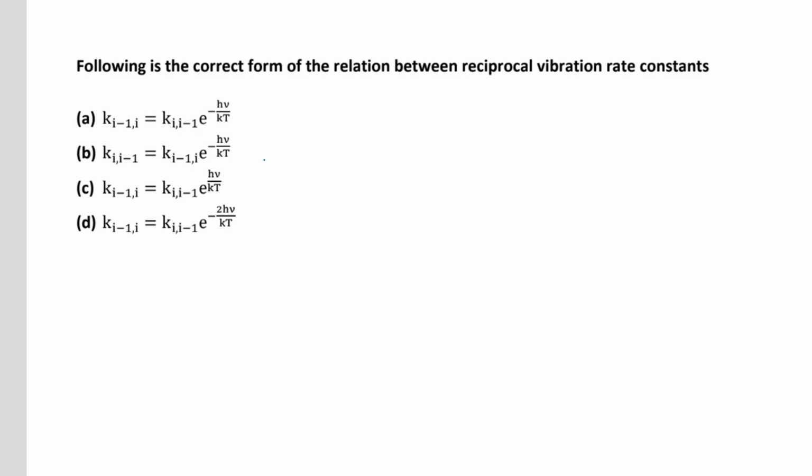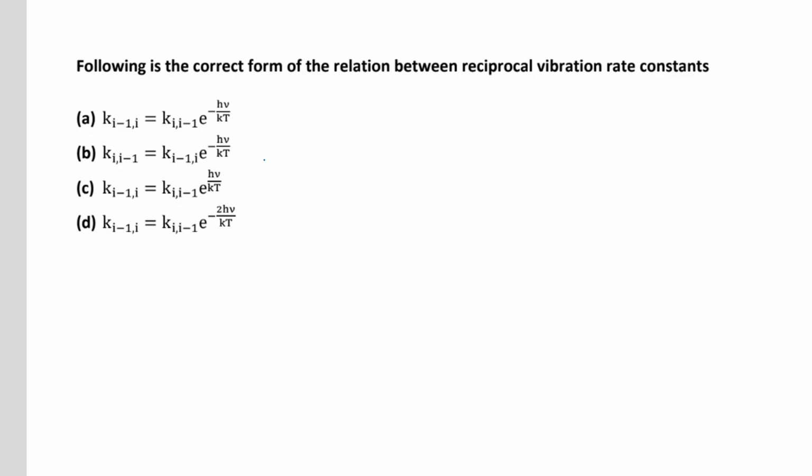Following is the correct form of the relation between reciprocal vibrational rate constants. Option A: k(i-1,i) equals k(i,i-1) e to the power minus h nu upon kT. Option B: k(i,i-1) equals k(i-1,i) e to the power minus h nu upon kT.